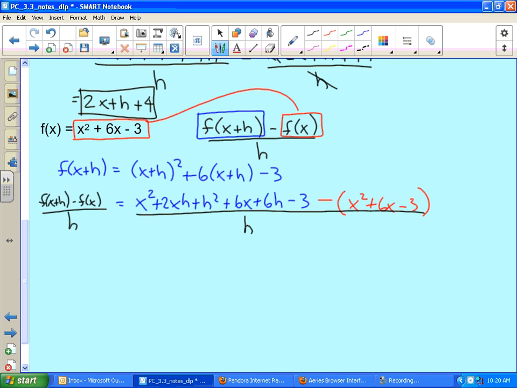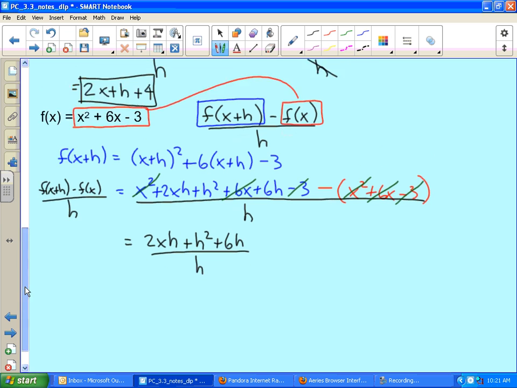So here's where all of the terms in the f of x function will cancel with three of the terms in the f of x plus h. The leading term will always cancel, the x term will always cancel, and the constant term will always cancel. So they go bye-bye, and I'm left with a 2xh plus an h squared plus a 6h, all divided by h.